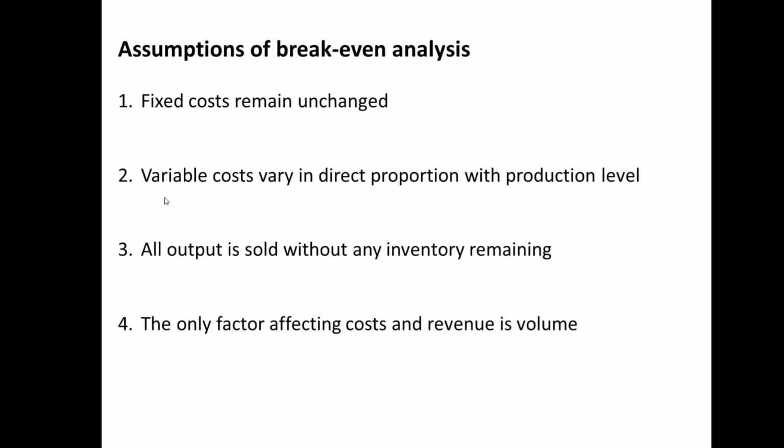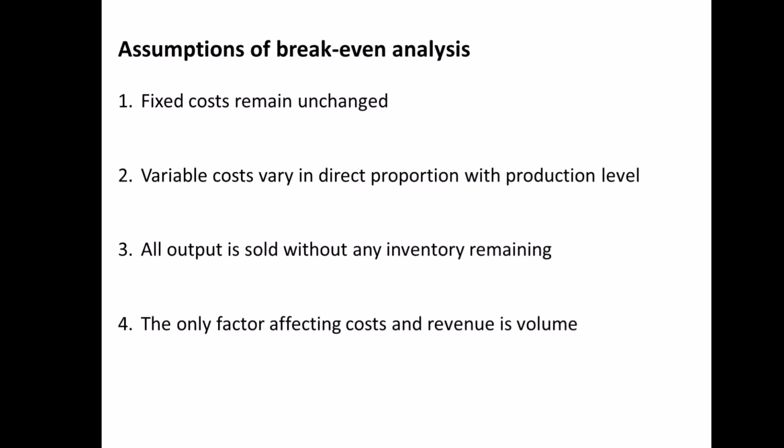And if we go to the second one, the variable costs vary in direct proportion with production level. Let's talk about the milk that we used in the very beginning. The more ice cream that you want to make, the more milk that you need. So why should we make that assumption then? It doesn't really matter, right? Even if we don't make that assumption, it should be the same as this one. But you need to think about this.